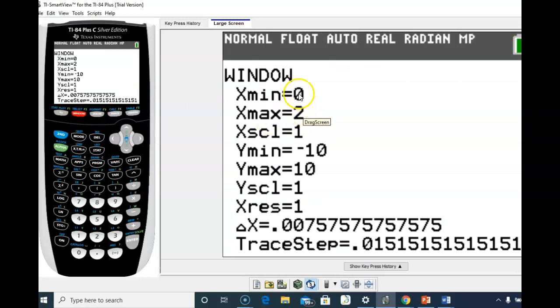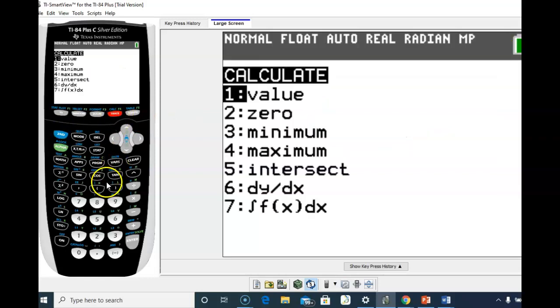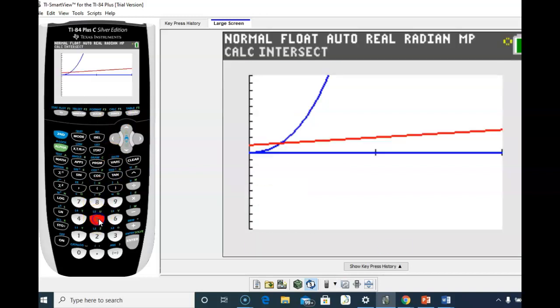The interval was 0 to 2, so we want to change those to 0 and 2, and then press graph. When you press graph, this is the point of intersection we're trying to find, where the 2 equations are equal to each other. As I said before, it is not sufficient to simply trace across to that point. You have to go through this process of doing second and trace and finding your point of intersection.